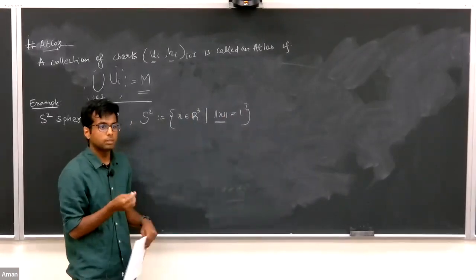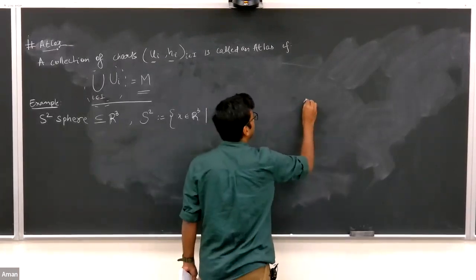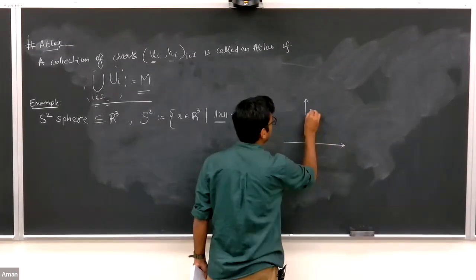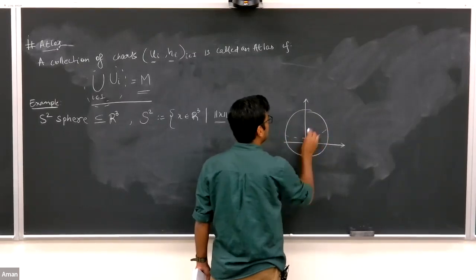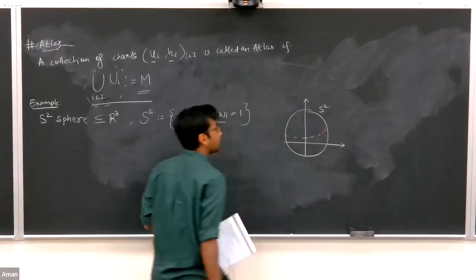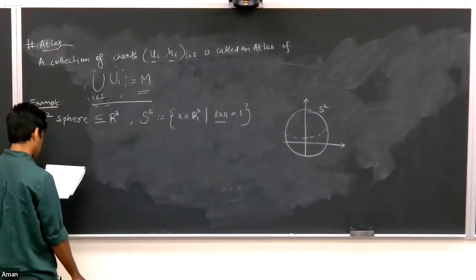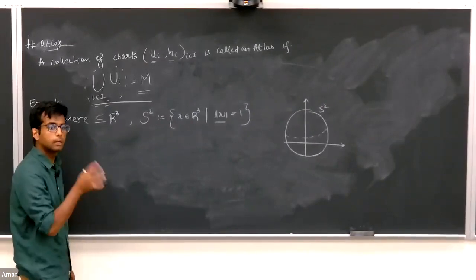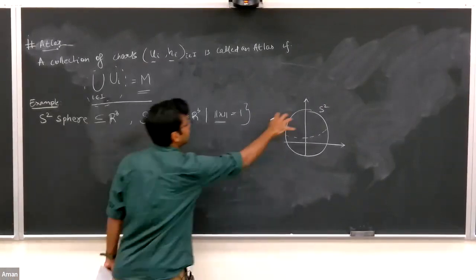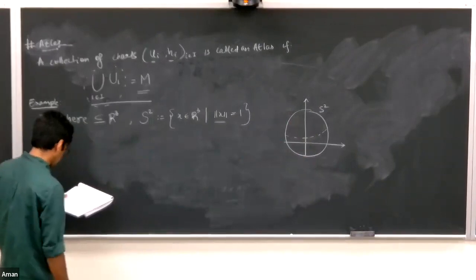Right? We are just defining the surface of a sphere in the Euclidean space. And this is a 2-dimensional manifold because the surface is 2-dimensional. It's embedded in 3 dimensions, but the surface itself is 2-dimensional.